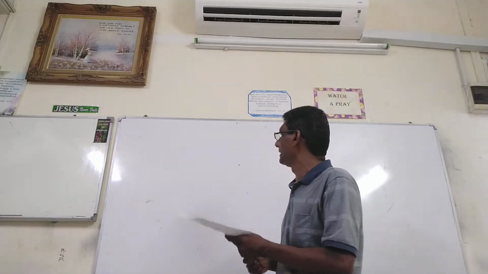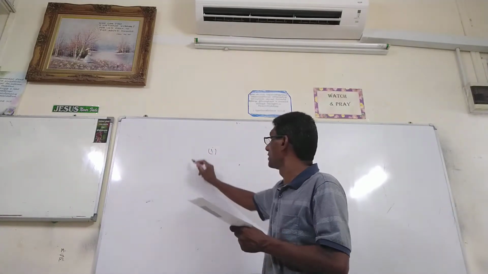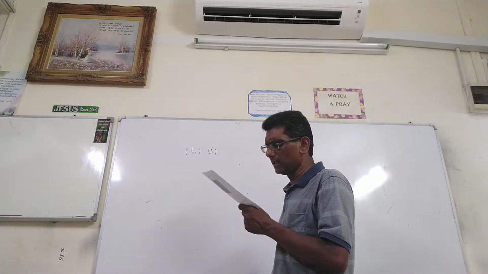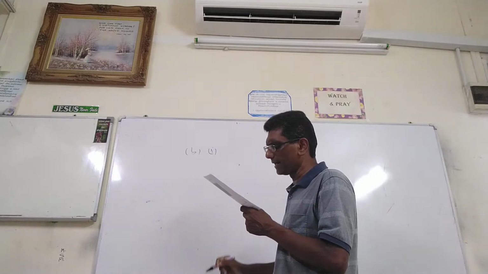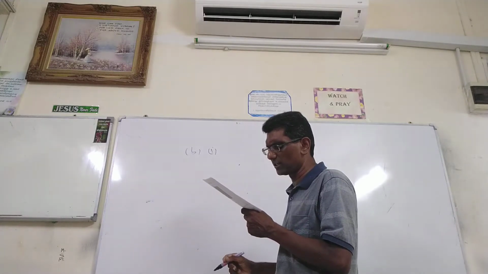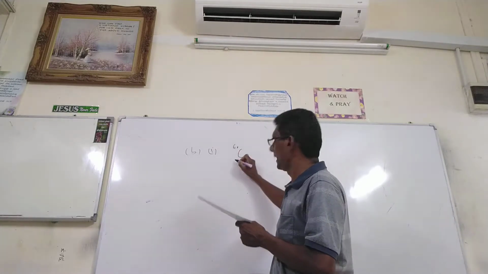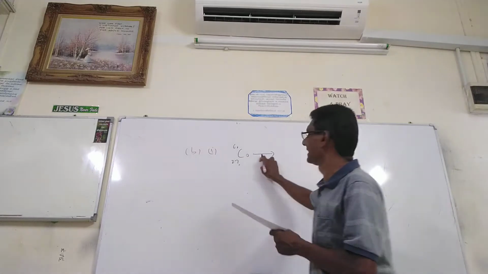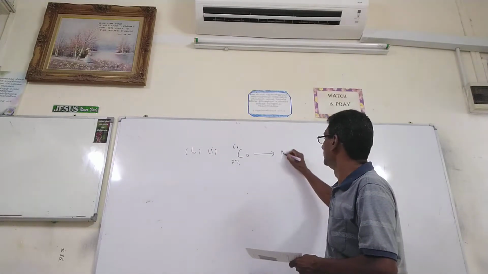Okay, Cobalt 60. Question B1. Cobalt 60 disintegrates into nickel by beta emission. Write an equation to represent the disintegration of cobalt 60. So cobalt 60, 27 disintegrates, that means it breaks into or decays into nickel.